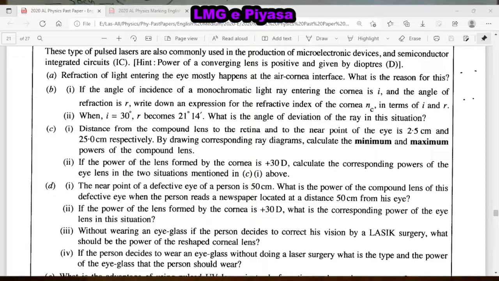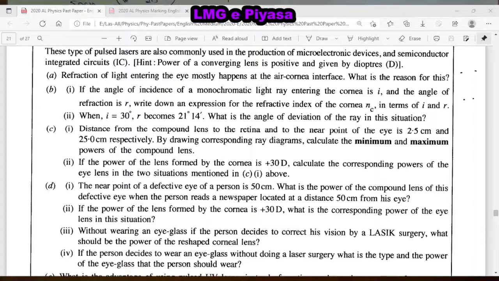The next part: without wearing eyeglasses, if the person decides to correct his vision by LASIK surgery, what should be the power of the reshaped corneal lens? He decides to correct this defect by LASIK surgery.